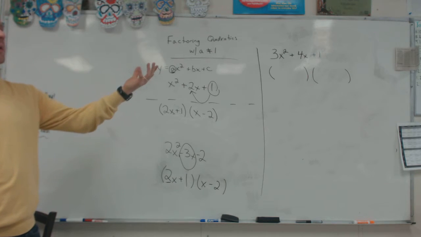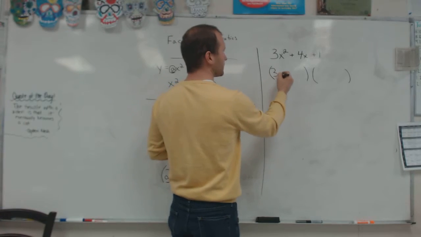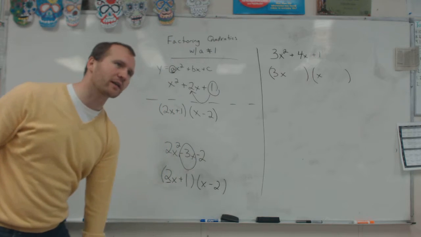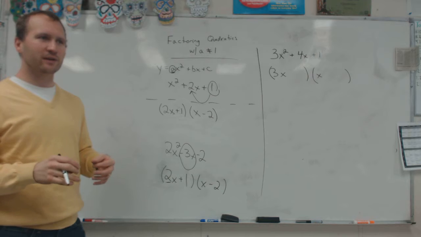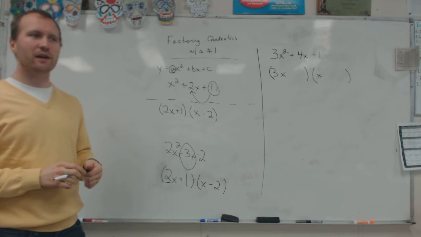So what is the only way to make 3x squared? Yeah, 3x times x. Right? There are other ways, like 3/2 x times 2x, but it's never going to work out like that. You'll never have a problem like that.